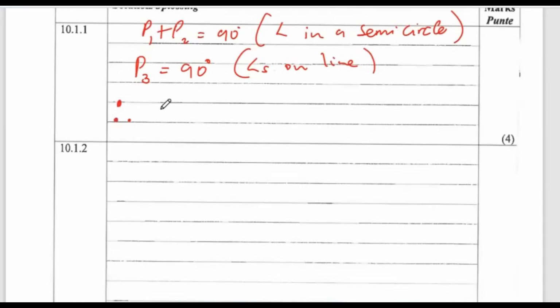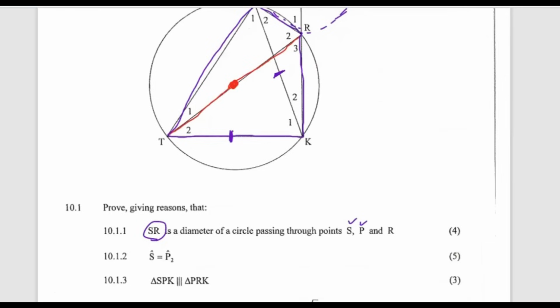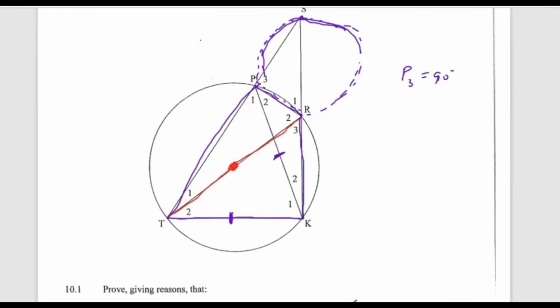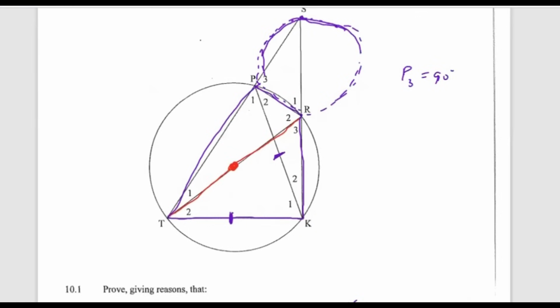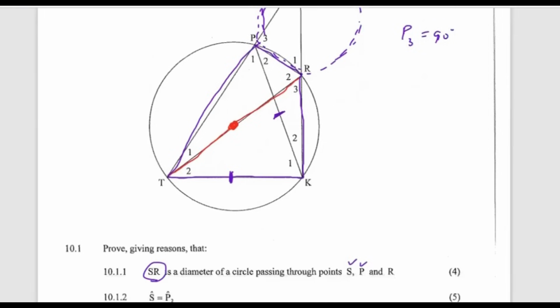Therefore, SR is a diameter. What was the question asking for? Can we prove that SR is a diameter?